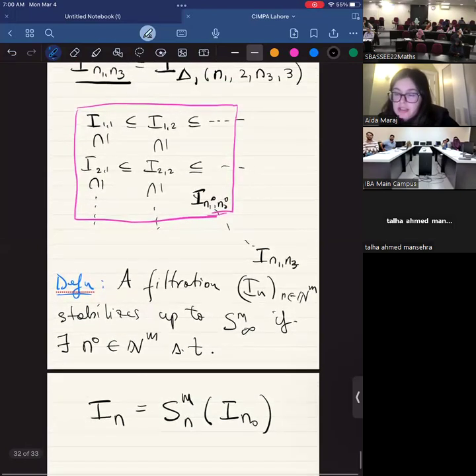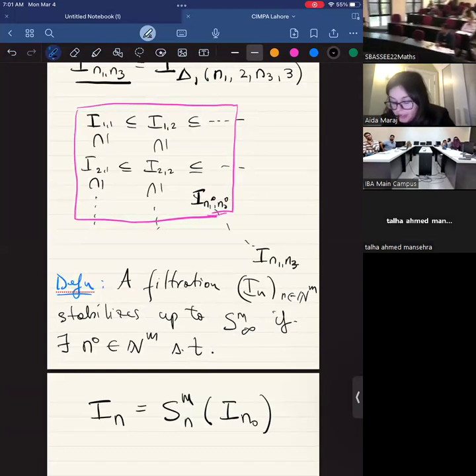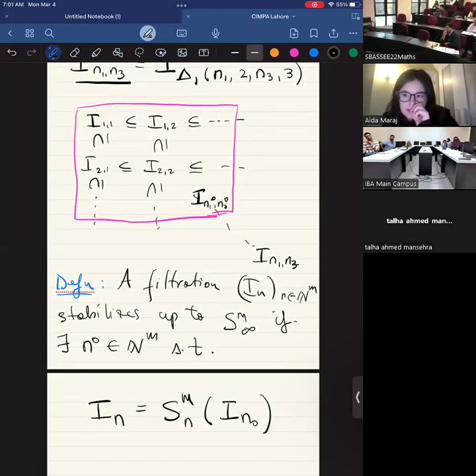It means that it's S-invariant. Yes, S-invariant, but there in the definition we have equality right now. There is containment, and here it is equality.